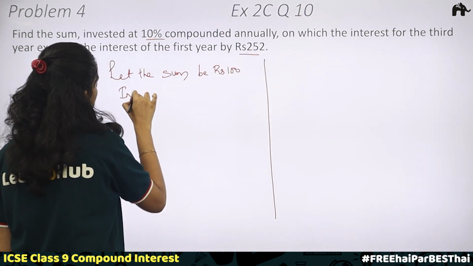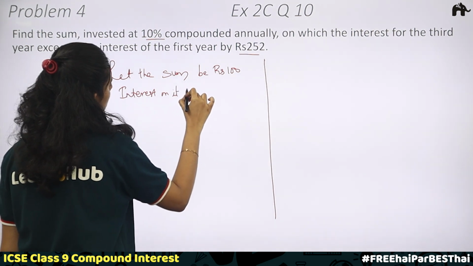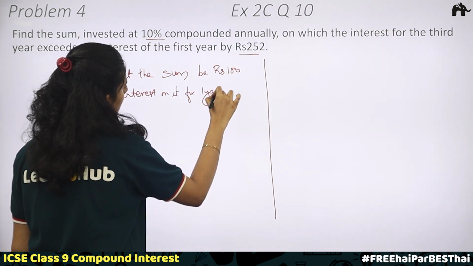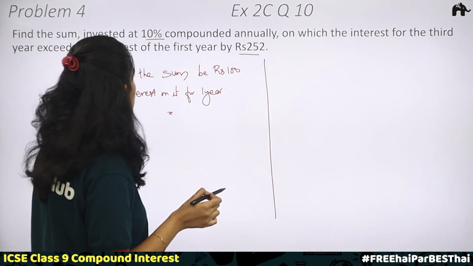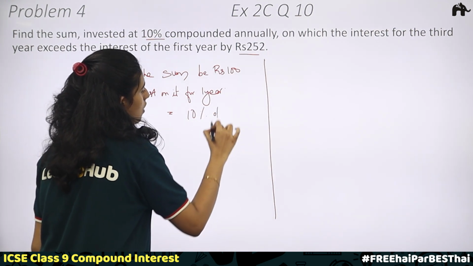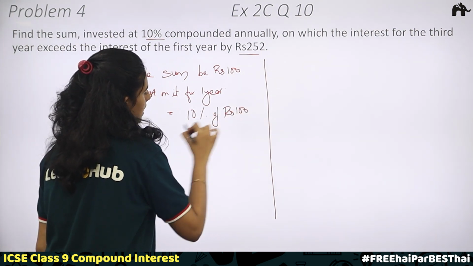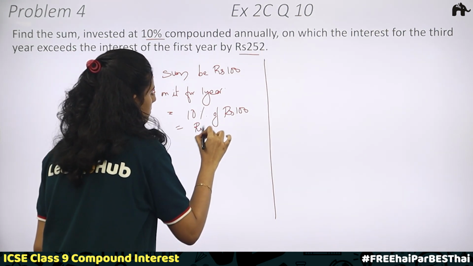So, interest on it for 1 year. In 1 year, what will be the interest? Interest will be equal to, here the rate of interest is given, which is 10%. Therefore, 10% of rupees 100, that is 10 by 100 into 100, which is rupees 10.